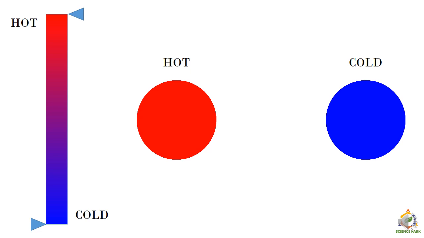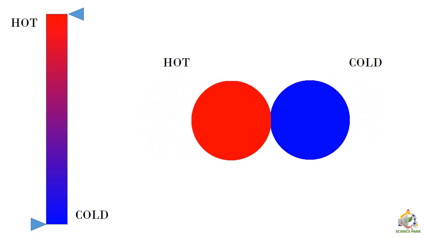Similarly, here we have two objects depicted in red and blue color. The red one is hot and the blue one is cold. What will happen if we bring these objects together? As you can see, there is transfer of heat between these two objects.